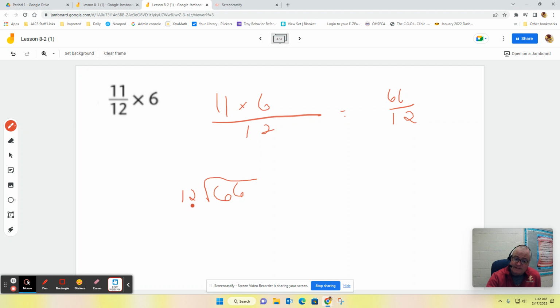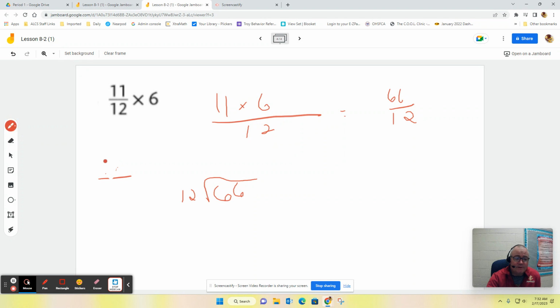I know it's going to be less than 6 because 10 times 6 is 60. So 12 times 6 is going to be more than 60. So I want to go off to the side and I'm going to try 12. Let me erase that.